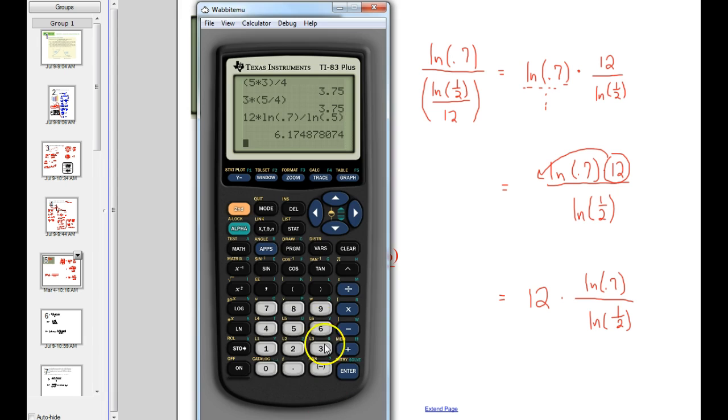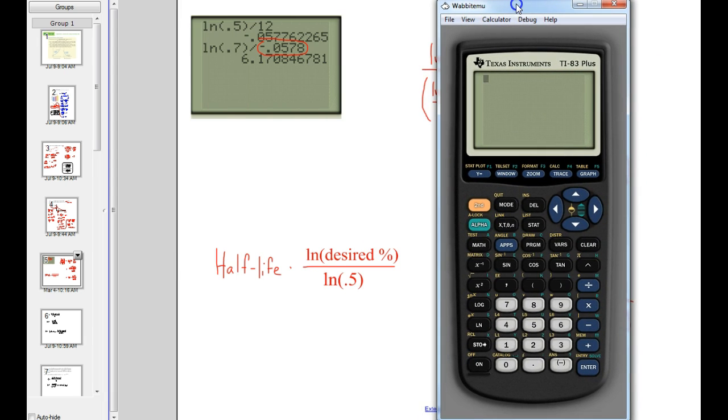Or if the problem would have said, how long does it take something with a half-life of 12 hours to get to 15%, then I would do 12 times the natural log of 15% as a decimal, 0.15, and divide that by the natural log of 1/2. And there's how long it takes to get to 15%.